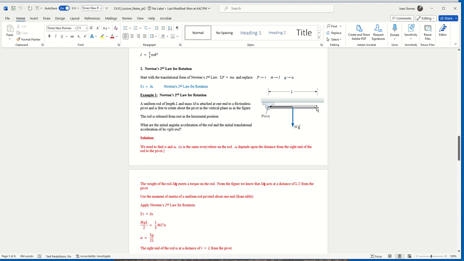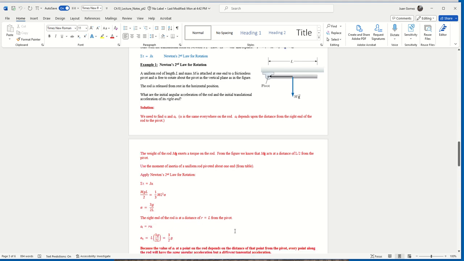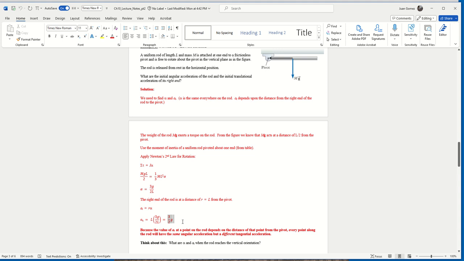Because the right end of the rod accelerates at a rate greater than G, the right end of the rod will fall faster than the coins stacked on it. It's a good common YouTube video. Once you release the rod, the right end accelerates at 3 halves G, but the coins are in free fall, so they accelerate at G. The right end accelerates faster, and you'll see a gap appear between the right end of the rod and the coins.